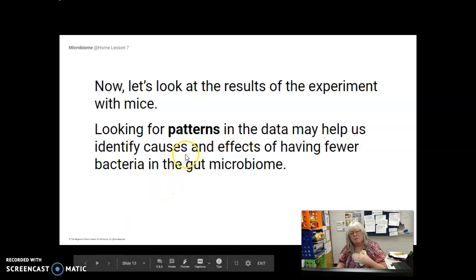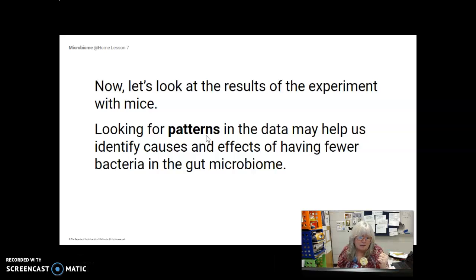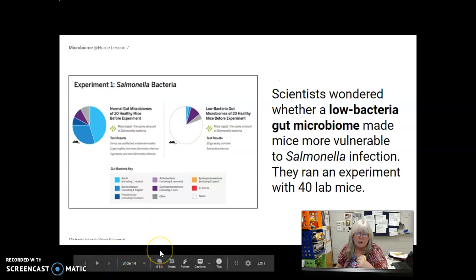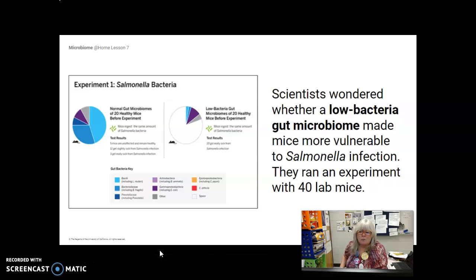So what we want to think about is, what patterns can we see in the data? How can looking at patterns help us identify causes and effects of having fewer bacteria in the gut microbiome? So scientists wondered, is a low-bacteria gut microbiome making the mice more vulnerable to a salmonella infection?